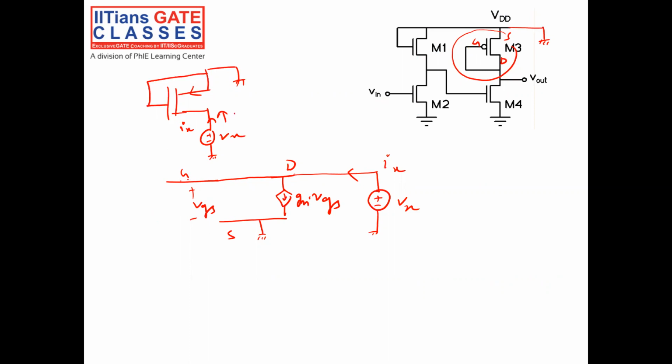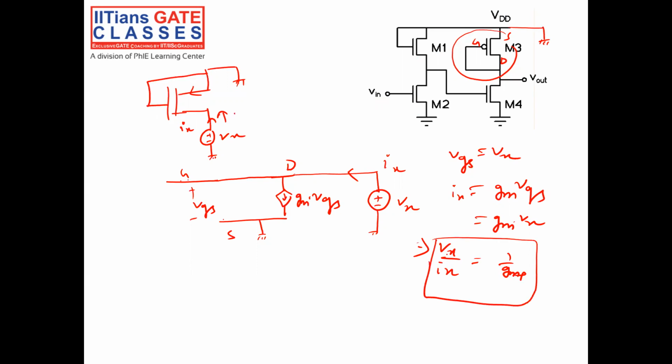That means VG is nothing but Vx. So VGS is equal to Vx. But the current Ix is equal to Gm VGS, which is Gm into Vx. This implies Vx by Ix is equal to 1 by Gm. Here it is Gmp, right?